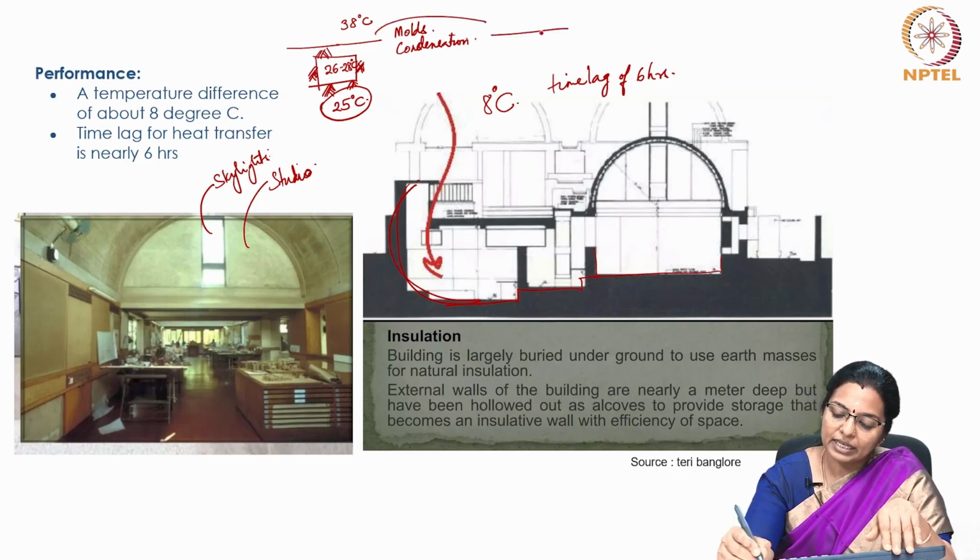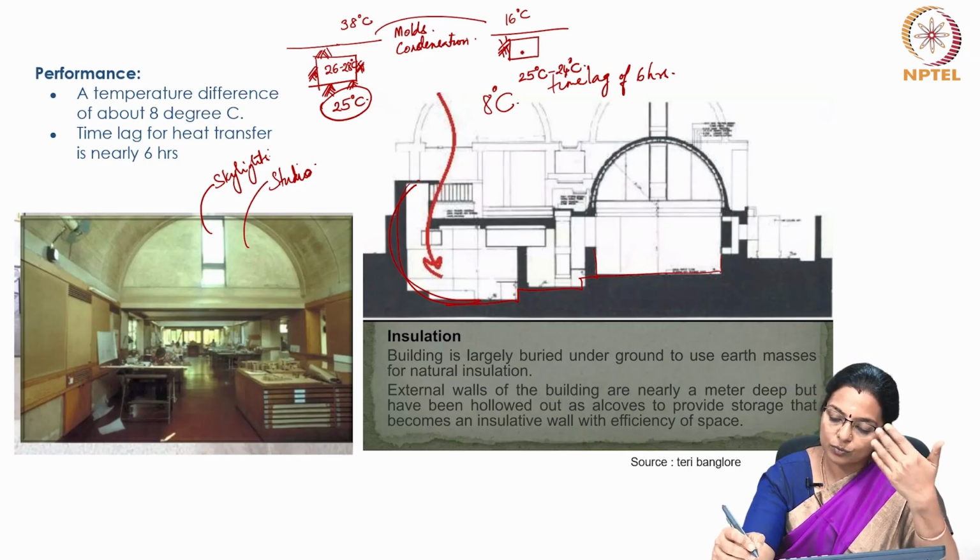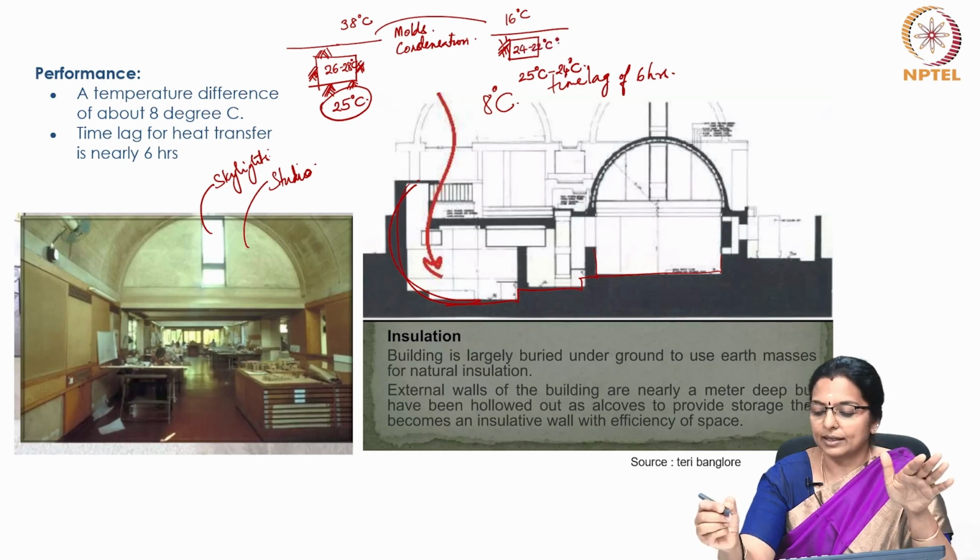During winters, if the outdoor temperature is, say, 16 degrees centigrade, the subterranean temperature would still be approximately 25 to 24 degrees centigrade, in which case the house would have its temperature again somewhere around 24 to 22 degrees centigrade.